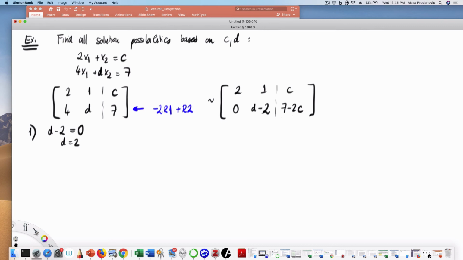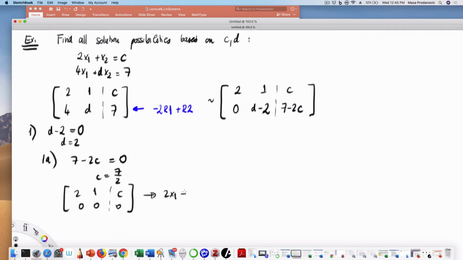So if also, case 1a, 7 minus 2c is equal to 0, so c is equal to 7 over 2, then I have 2, 1, c, and 0, 0, 0. The only thing that I have is that 2x1 plus x2 is equal to c, which is 7 over 2.